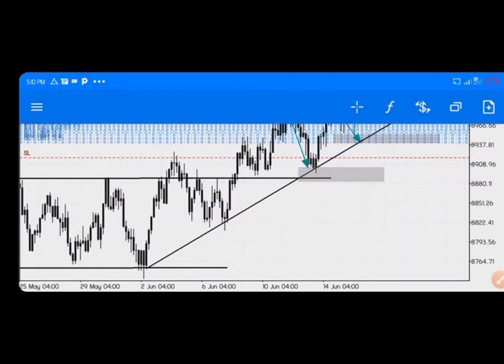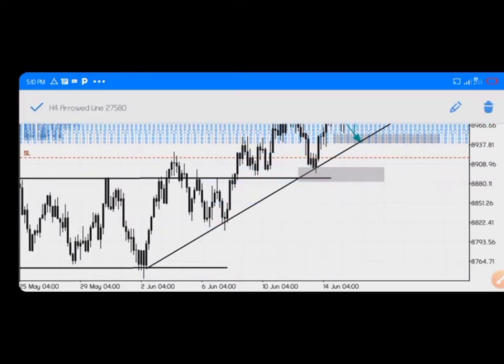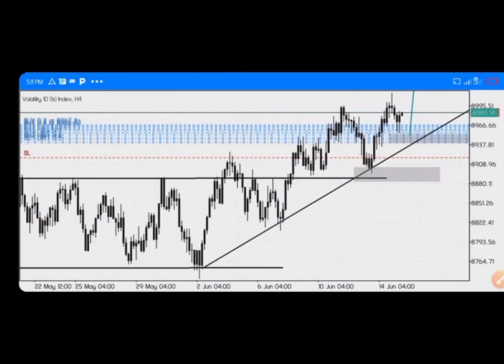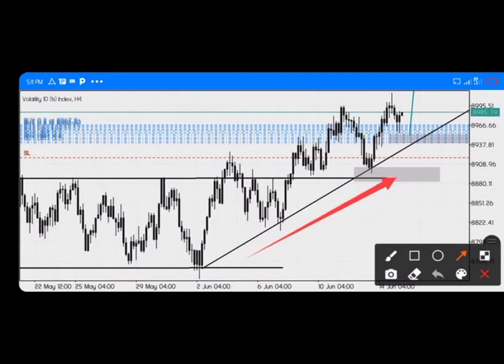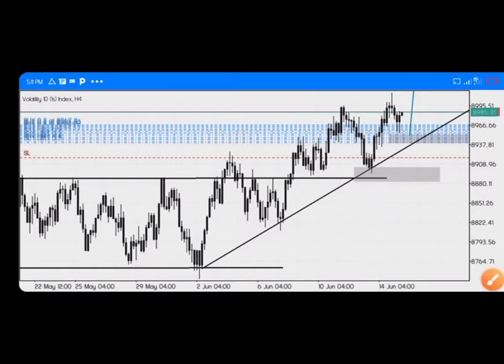But now for this market, here is how I analyzed it. Let me delete this one because it's no longer necessary. Okay, now first of all, I identify the trend like I always do. The trend is uptrend, so I would be looking for buys. I knew there would be a retracement to the 50-60 area again as well, because the trend is always your friend, like they always tell you.